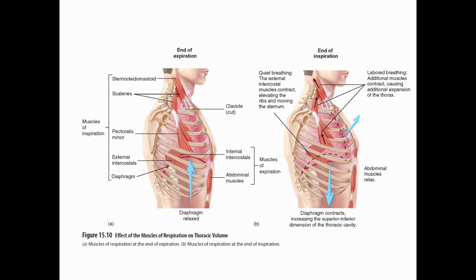If you are going to inspire air, the diaphragm will contract and increase the dimension of the thoracic cavity, in which air will enter your lungs. When it is finally time to exhale, your diaphragm will relax, forcing your lungs to compress and the air inside your lungs to exit.